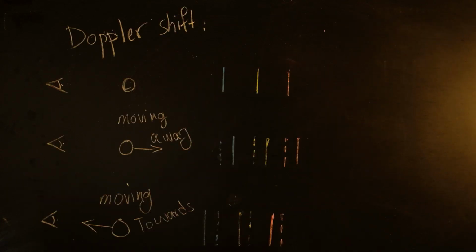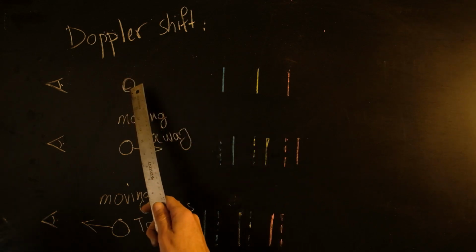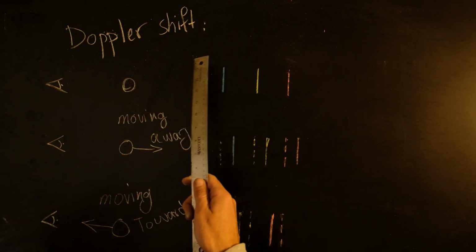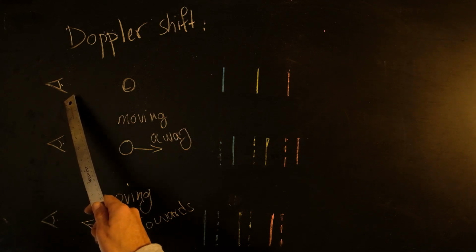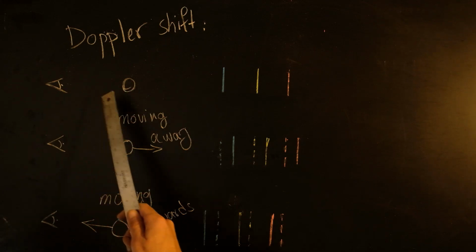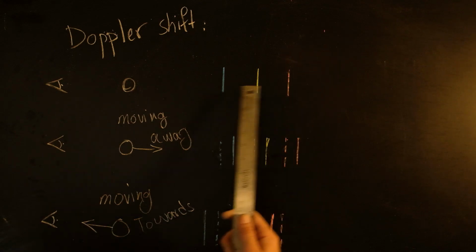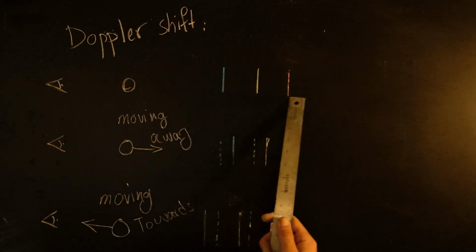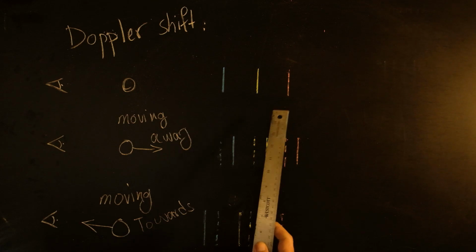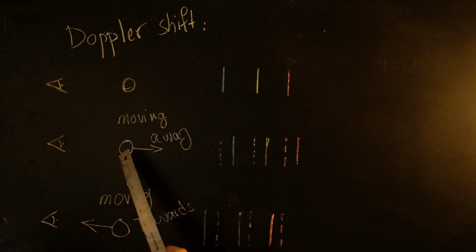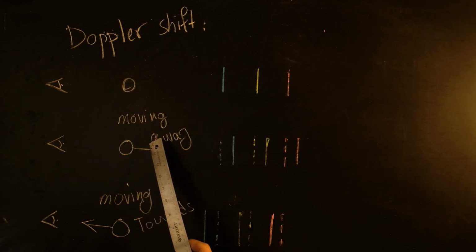Okay, now let's talk about Doppler shift. Doppler shift is basically changing the wavelengths when you move away or towards an observer. Okay, so let's say we have a light source. In this case, there is no motion, and this is our observer. So nothing is moving. We see this spectrum. In this case, just 3 lines. Now, what happens if this light source starts moving away from us?